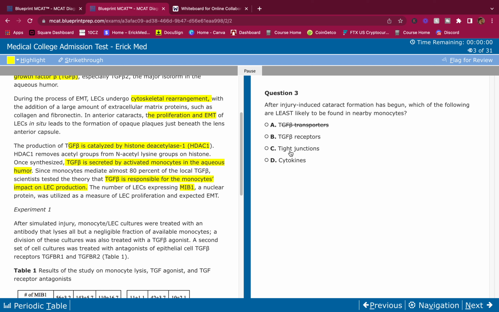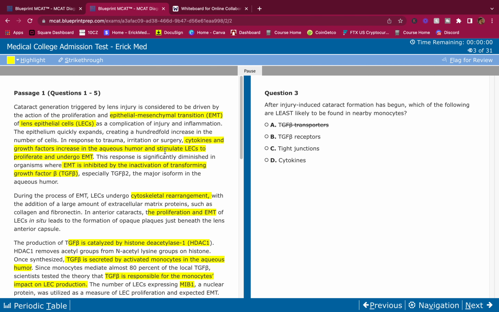Tight junctions. Monocytes would not need tight junctions. Why would they need them? Monocytes roam and phagocytose. I like answer C better than B. Cytokines, they told us that growth factors and cytokines stimulate, so we're going to need those cytokines.